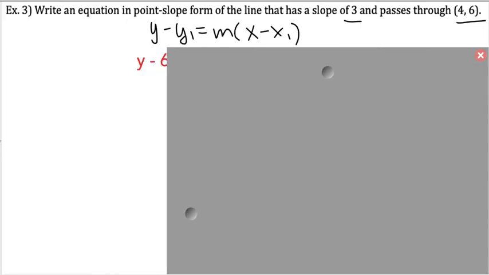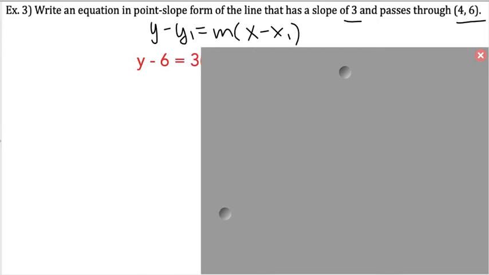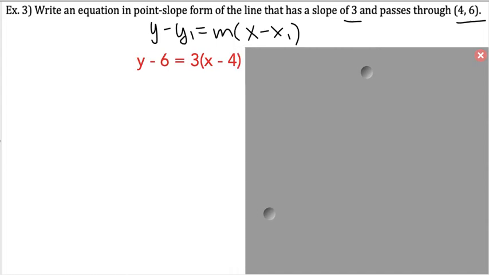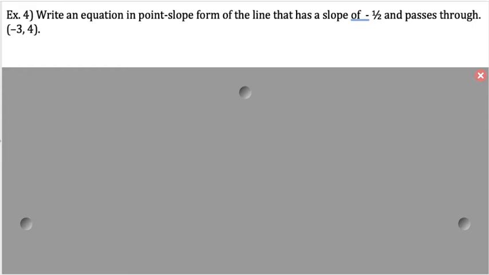So we would write down y minus, and the y number is 6, the slope is 3, and the x is 4. So that's all you do to write the equation when you have the slope and the point. So our final equation here, y minus 6 equals 3 times x minus 4. Let's try another one.